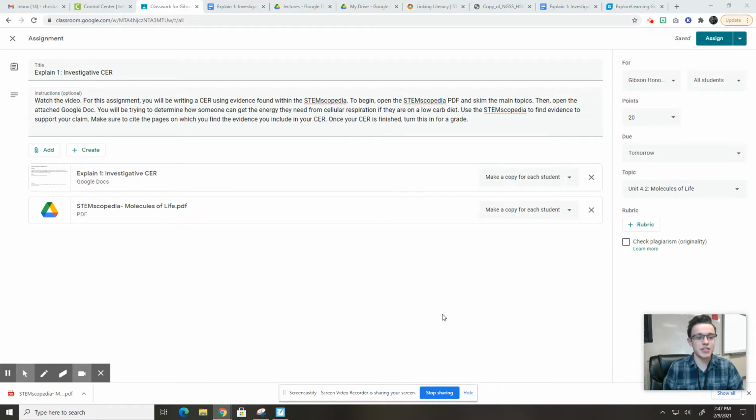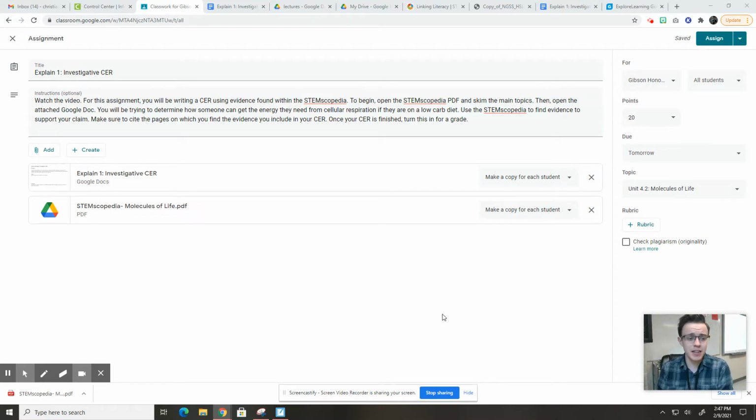In an investigative CER, you may not necessarily know the answer right off the bat. So for this assignment, I'm asking you a question in a CER that you don't necessarily already know the answer to. Instead, you've got to read the Stemscopedia and find the answer and the evidence to support the answer within that body of reading. So you're doing kind of your own investigation.